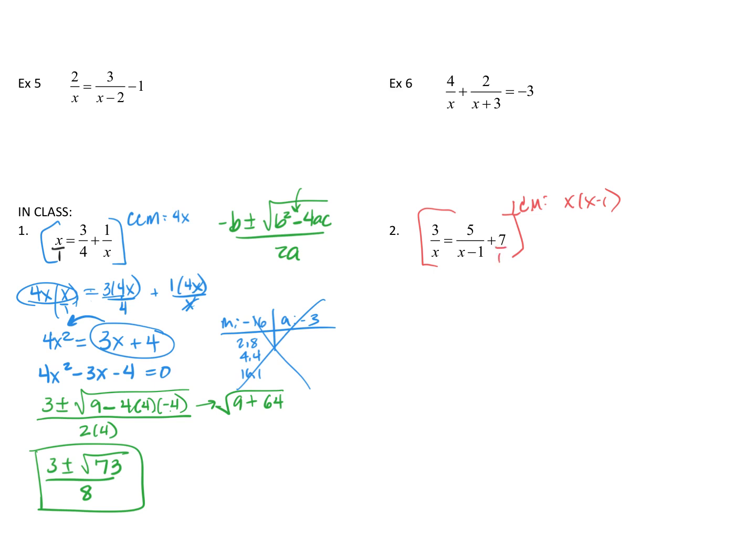So I'm going to be multiplying everything. I'm distributing that to every term. So 3x times x minus 1 all over x equals. I'm going to put that x minus 1 in parentheses.